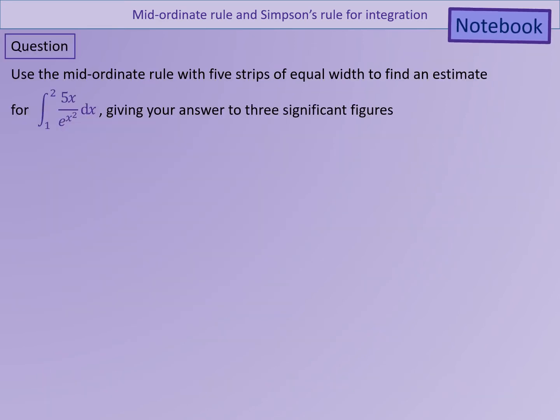Okay, so let's have a look at an example with some numbers in. So get the question down in your notebook. Use the mid-ordinate rule with 5 strips of equal width to find an estimation for the integral of 5x over e to the x squared dx between 1 and 2. So it's not a very pleasant thing to integrate.